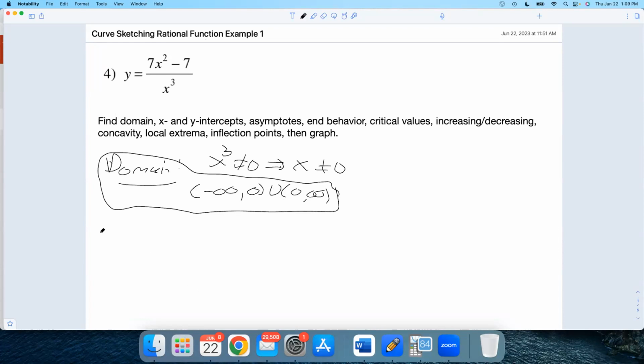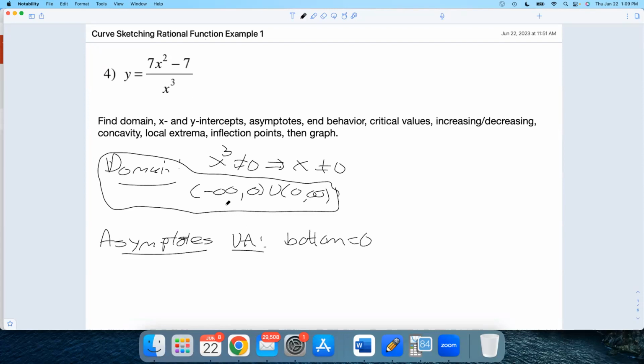Okay, what about asymptotes? We're going to have to remember some information from college algebra and pre-calculus. Vertical asymptotes happen when the denominator equals 0. Wait, that's the work we just did.